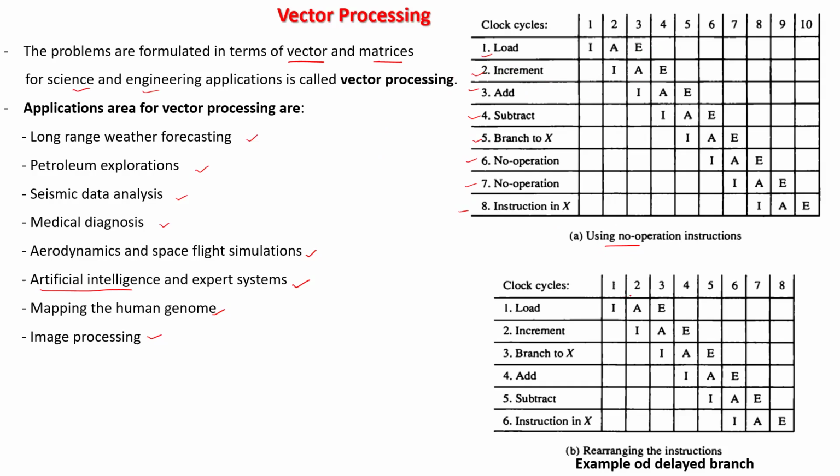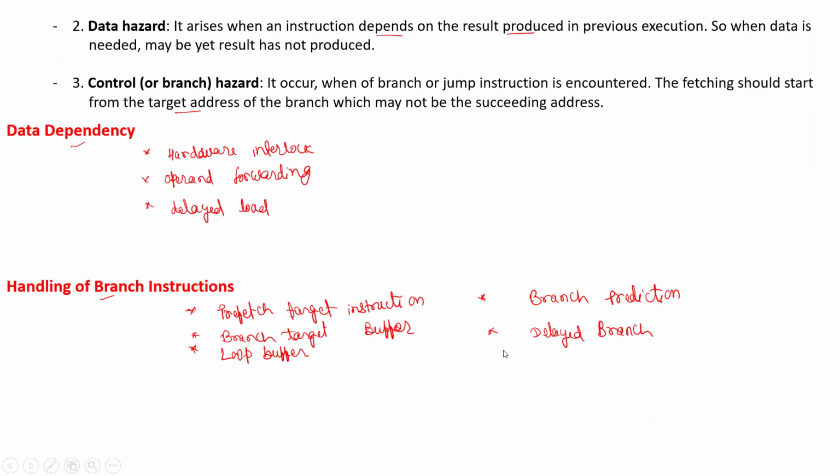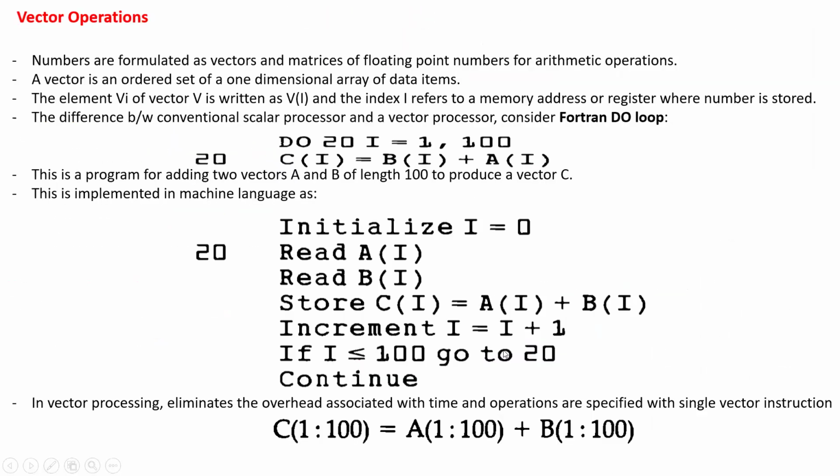Whereas if we rearrange the instructions, again we have load, increment, branch, X, addition, subtraction, instruction in X registers. So that 8 is reduced to 6. We are rearranging the instructions to avoid the delay, and we can perform the execution in less time.